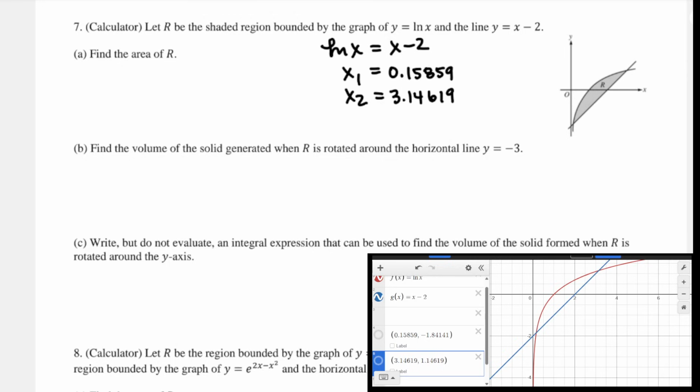Then the area of R is going to be top minus bottom between x1 and x2. And since I can see that I'm going to be doing another integration with respect to x later on, I'm going to call these x1 and x2.